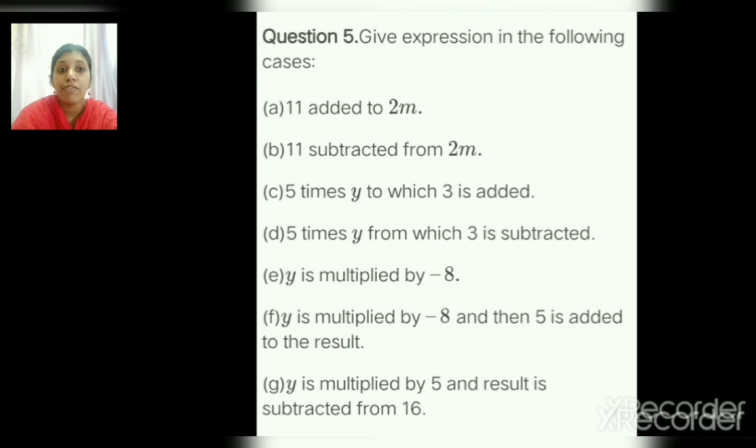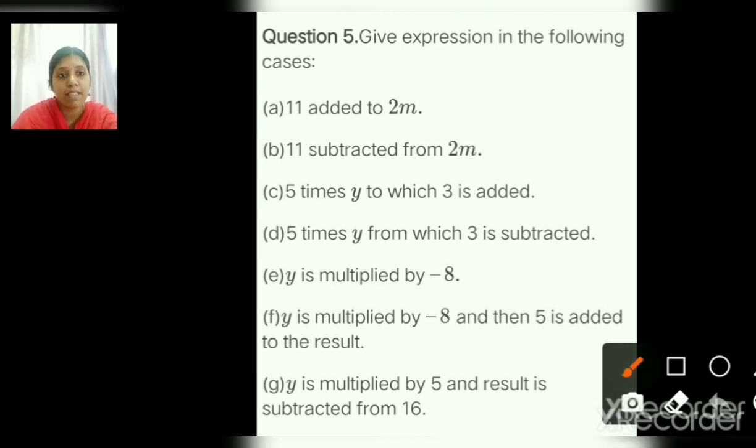Next one. 5 times y to which 3 is added. So 5 times y. When the word times comes, it means multiplication. So 5 times y means 5 into y. Can we write it as 5y? Yes, this multiplication sign you needn't put.